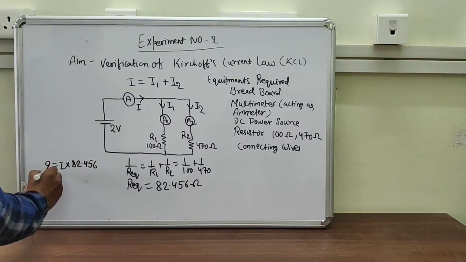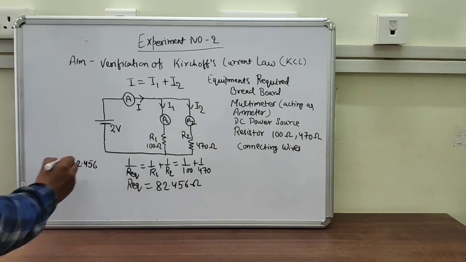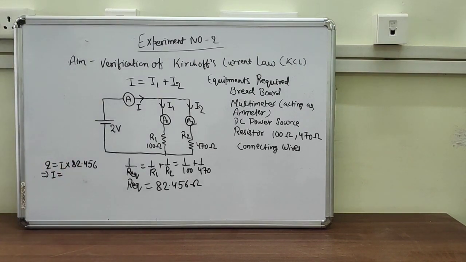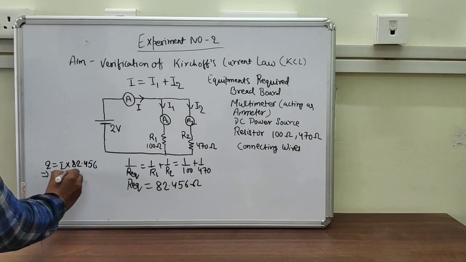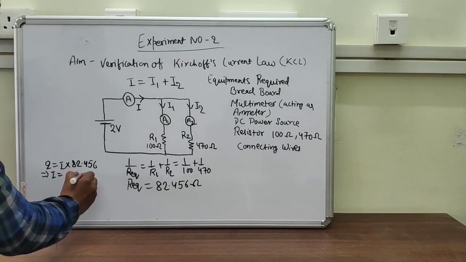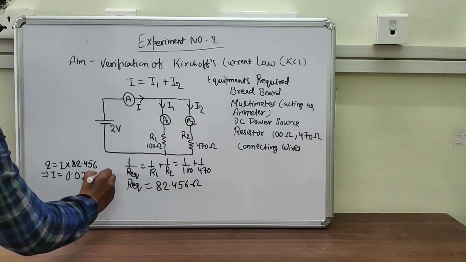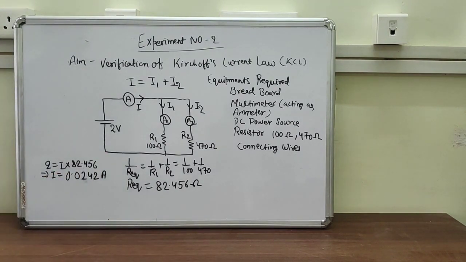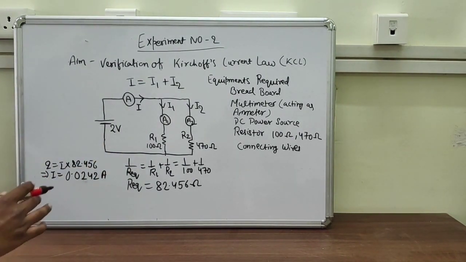That means I is equal to 2 divided by 82.456, so we get our net current to be 0.0242 ampere. This is the net current I, the theoretical value.